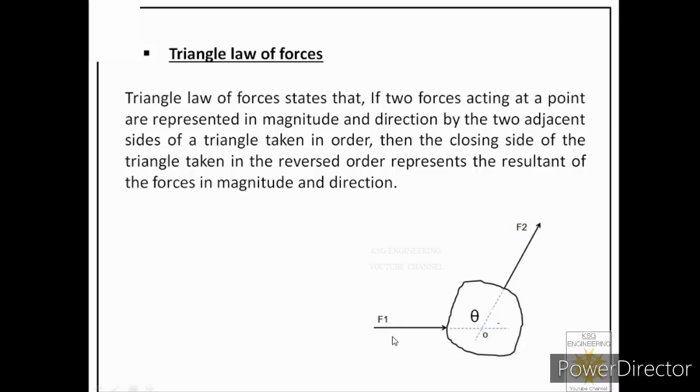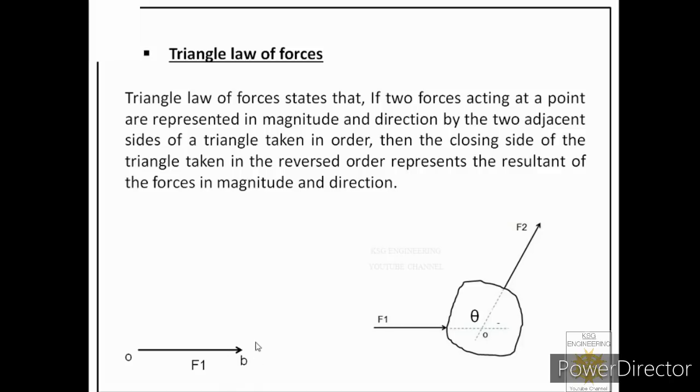First of all, we have to pick any one force out of these two. It is our choice. So let us pick this particular force and draw that force with same magnitude and direction. So see over here we have drawn that force with same magnitude and direction. Let us label it as OB.